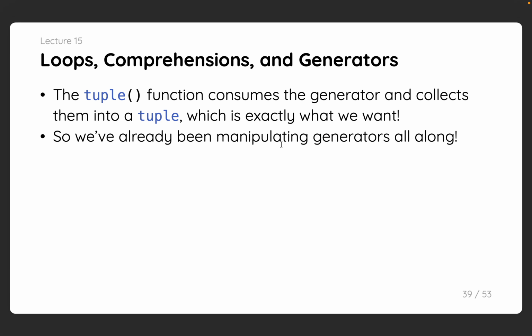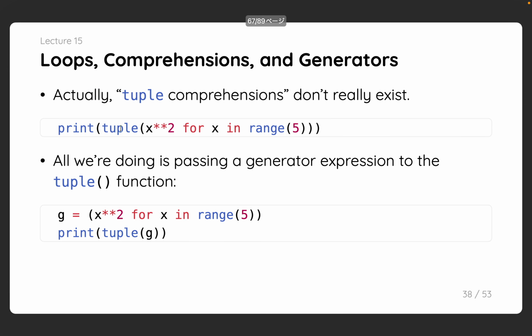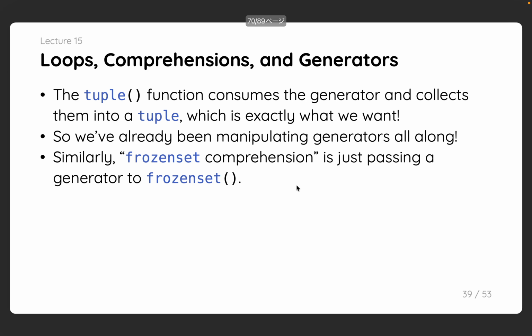So all this time, throughout Hope 1 and the first few lectures of Hope 2, we have actually been working with generators. Whenever we were writing something like some function, then something for something in something, we were already making generators.